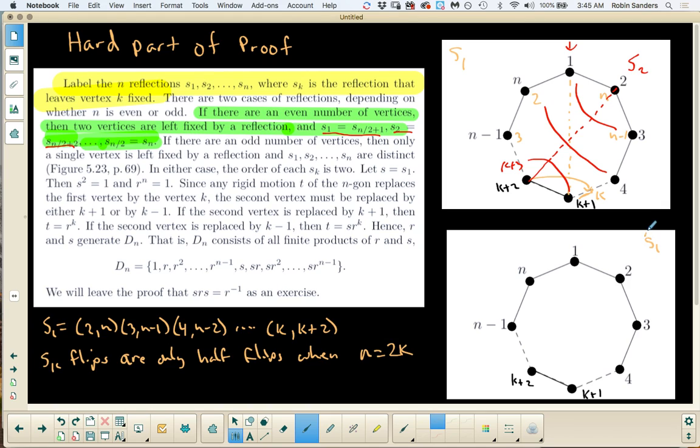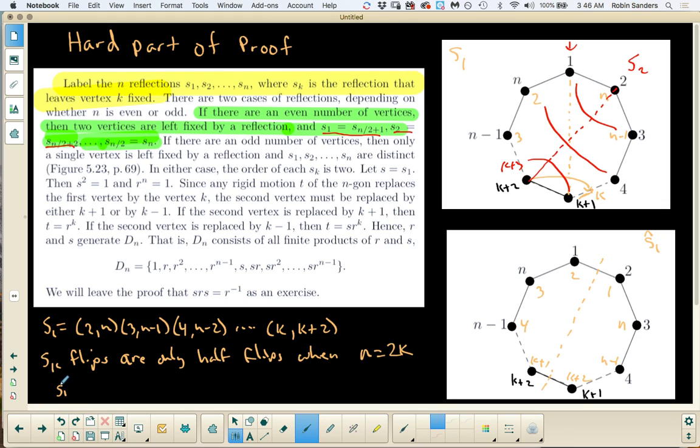I called the first one S2 hat in the previous video, and S2 hat had a line of reflection that looked like this. So S2 hat had 1 and 2 flipping, and 3 and n flipping, and 4 and n minus 1 flipping. And eventually you get down to k plus 1 and k plus 2 flip.